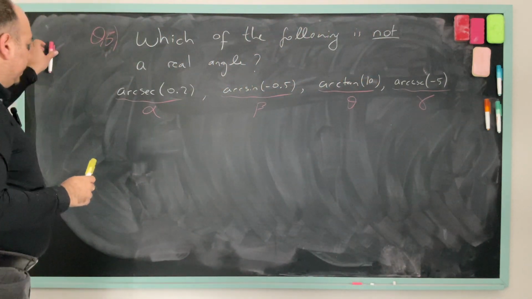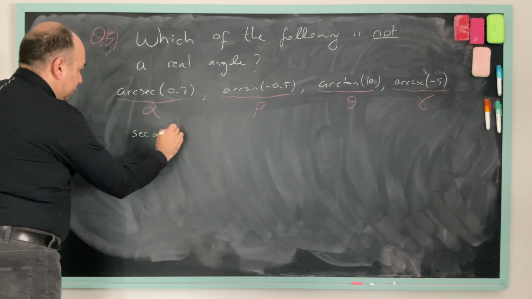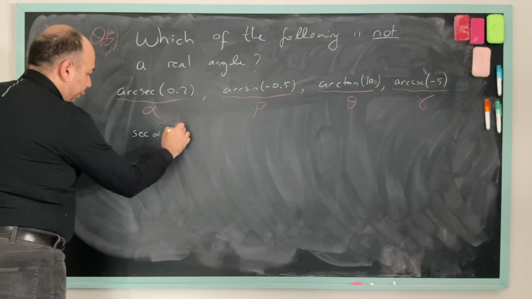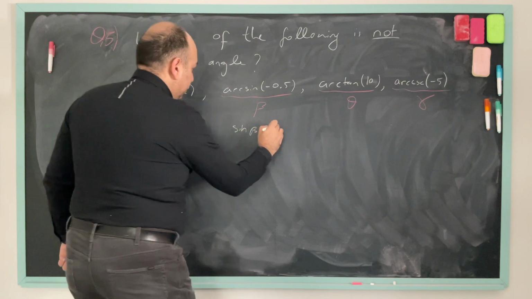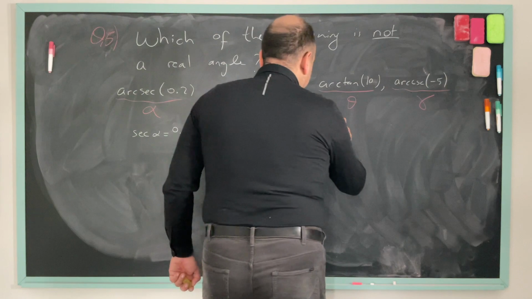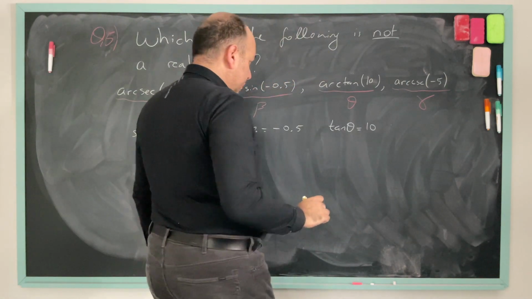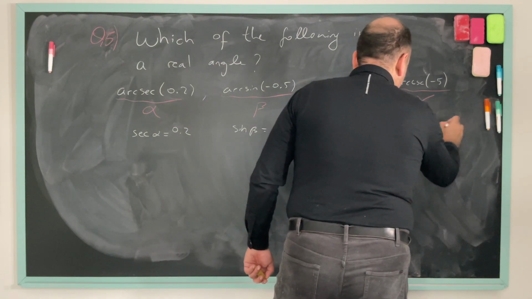So now what we know is secant alpha is equal to 0.2. You know that sine beta is equal to minus 0.5, and arctangent, so tangent theta is equal to 10, and cosecant gamma is equal to minus 5.